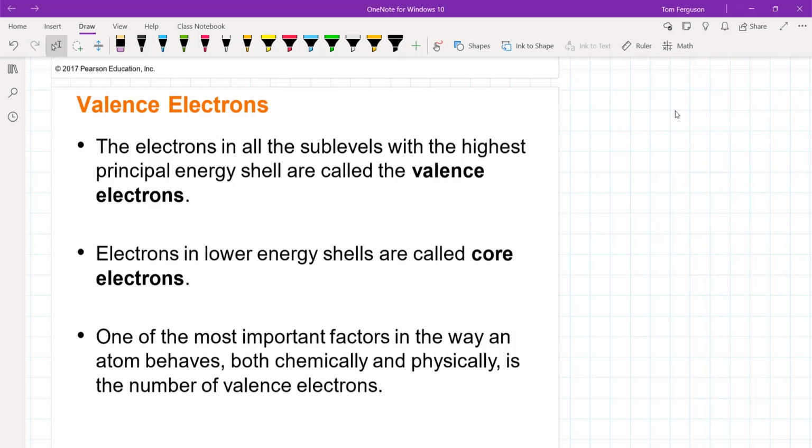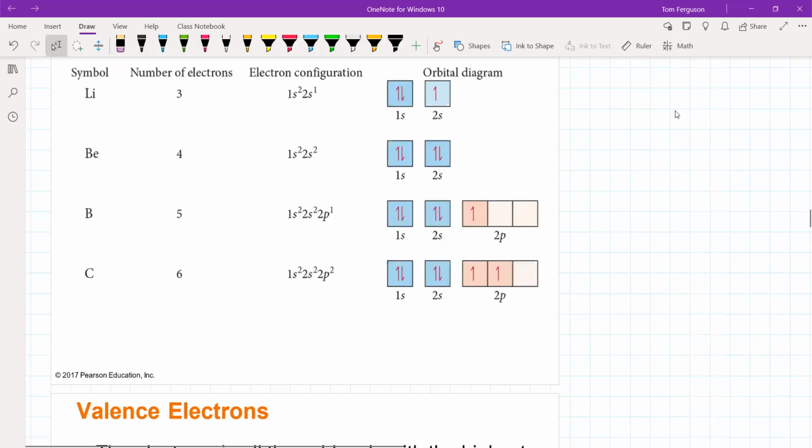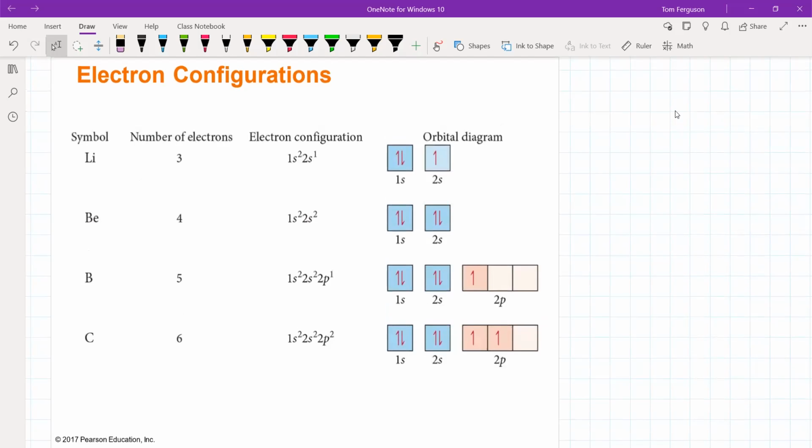Okay, so look at carbon here. Which ones are core? Give me a color. Blue. So these are the core electrons.